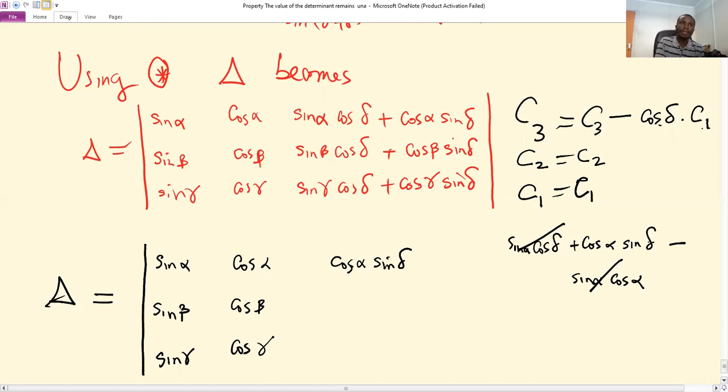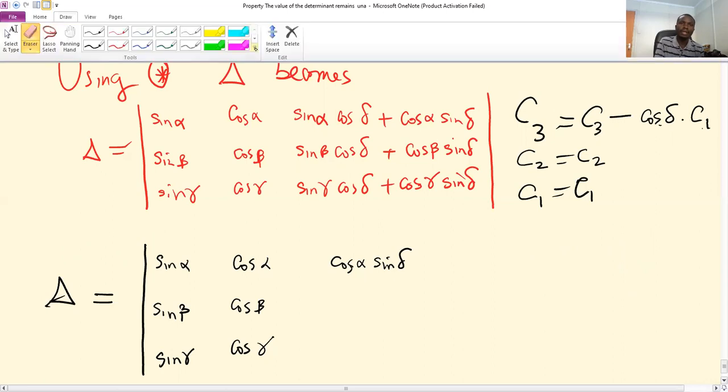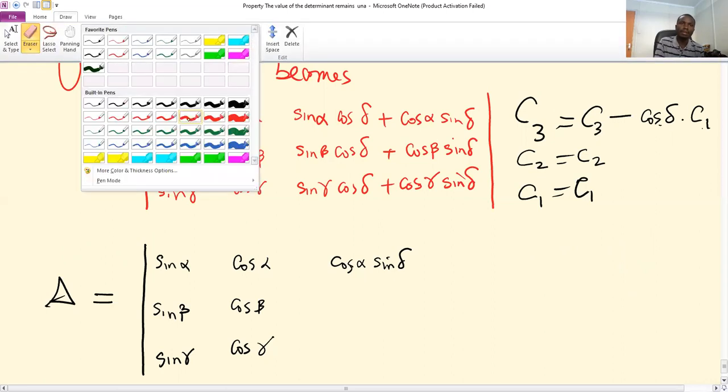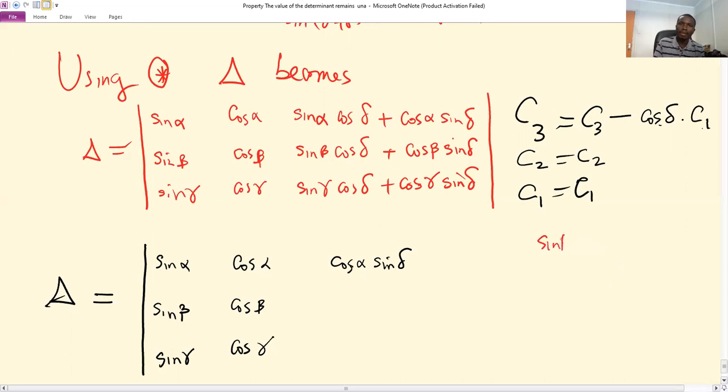Next, I take sine beta cos delta plus cosine beta sine delta. I subtract cos delta times sine beta. So sine beta cos delta and this cancel out, and I remain with cos beta sine delta.